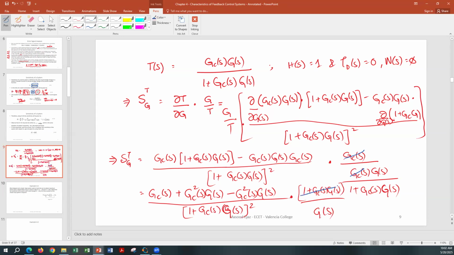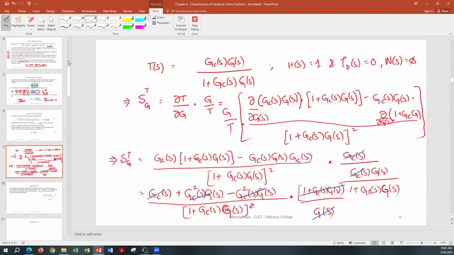So this is cancelled out by one power, this is cancelled out, and GC(s) is cancelled out as well. The only thing that will be left after you cancel this out is going to be 0. So now we can cancel GC(s) out. So the only thing that is left here is 1 over 1 plus GC(s)G(s).